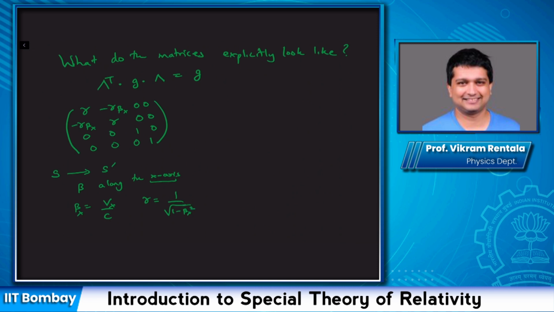And so this transformation takes us from this frame S to this frame S prime. So this transformation is also sometimes denoted as Bx, which is short for a boost along the x-axis.